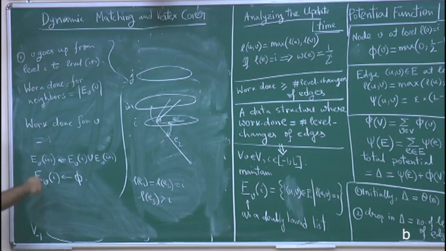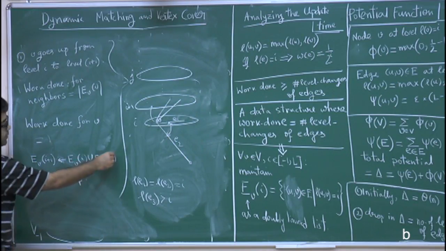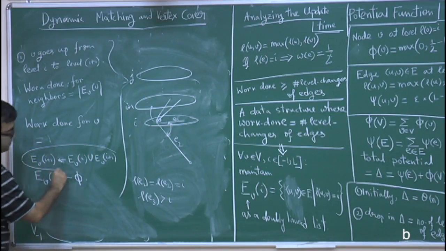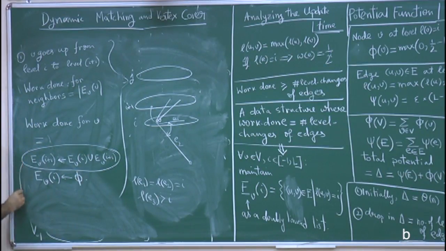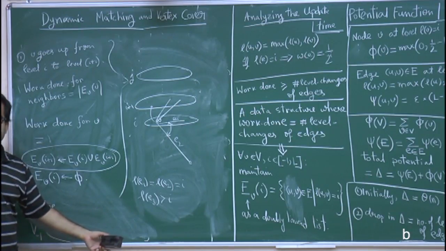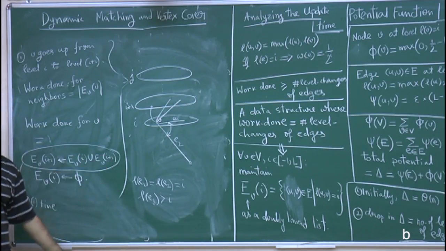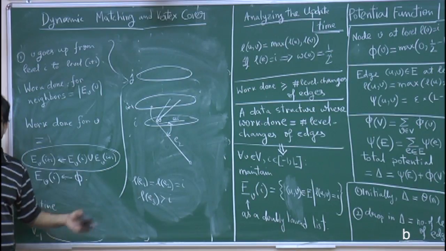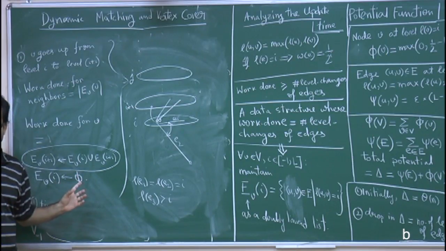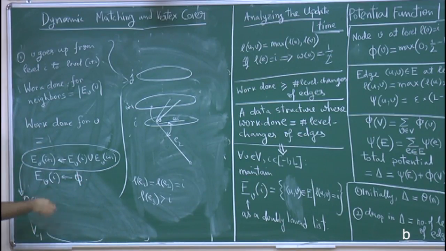Now, how much time will you take to implement these two steps? This step can be implemented in constant time, no? Basically, you have two linked lists, and I am just asking you to merge these two linked lists. If you store the start pointer and the end pointer, you just need to update constantly many pointers to merge these two things. And this step, how much time will it take?